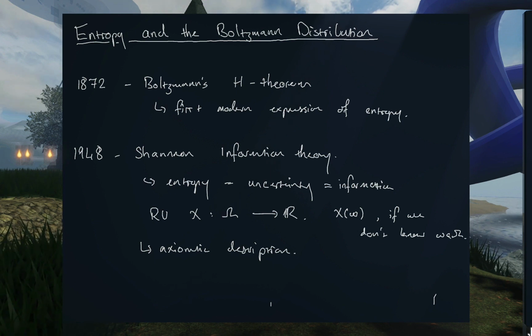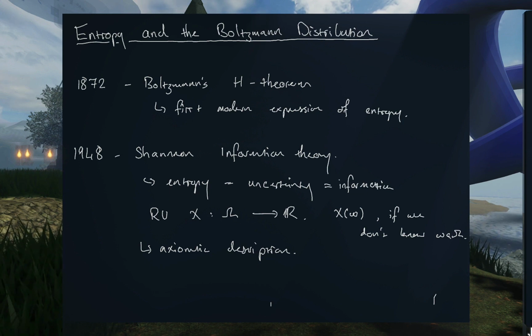And then he identifies in this paper, which is cited in the notes, that this is formally identical to the expression of entropy in statistical mechanics. By Shannon's time, this concept of entropy in physics had become widely accepted.